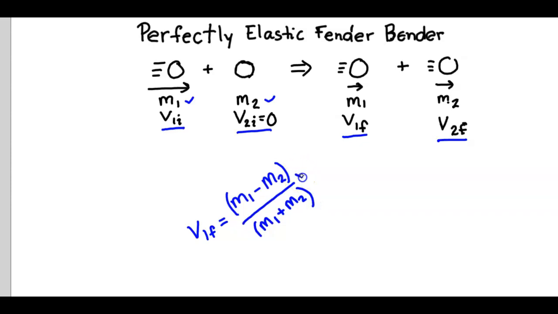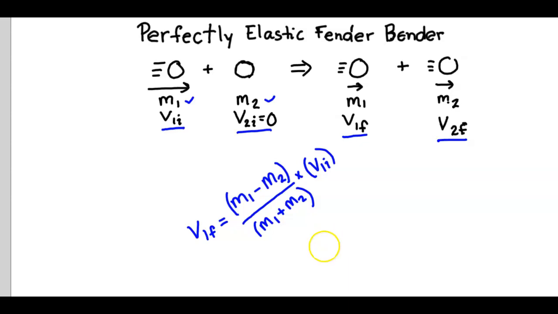And then multiply that, this is a step that people lose a lot, by the velocity that the first ball had before the collision. So we're looking at the difference in mass divided by the total mass times the initial velocity from the first ball, because the first ball is the only one that had energy going into it.